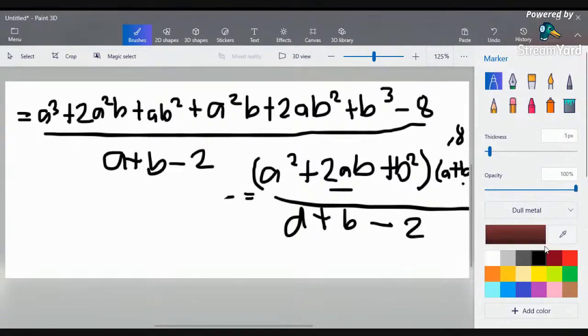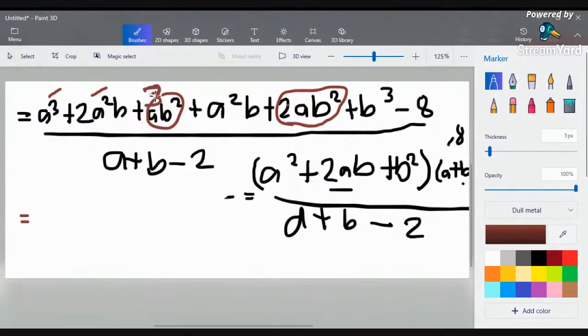So, what are we going to do? We can have these two terms combined, 2ab squared and ab squared, because they are similar terms. So, therefore, our answer will be a cube plus 2a squared b. Here, we combine. That becomes 3. Ouch.